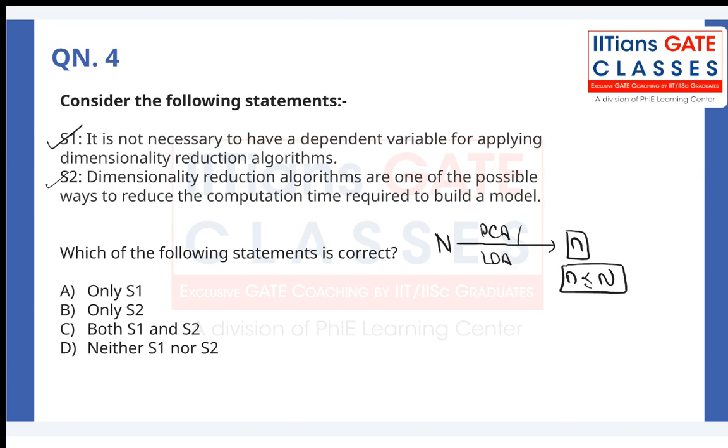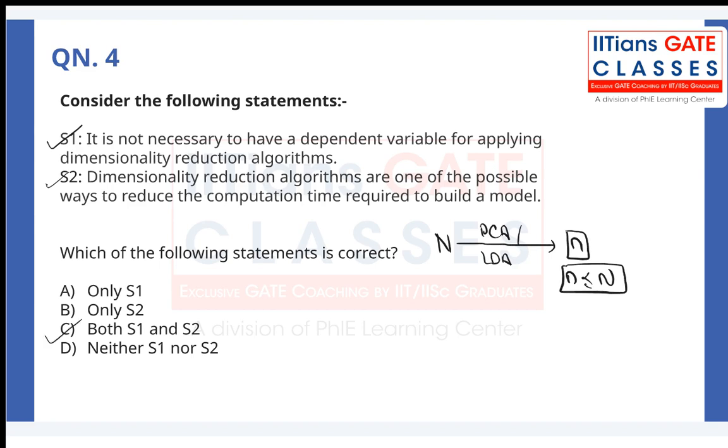Build the model, train the model, the same thing in the sense, and the model complexity is also much more reduced in this scenario. So that is why option C is correct, in the sense that both S1 and S2 are actually correct.